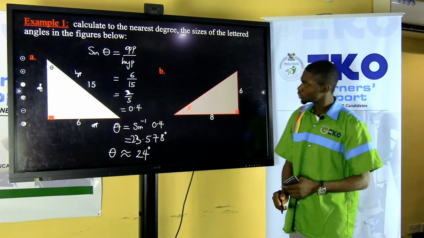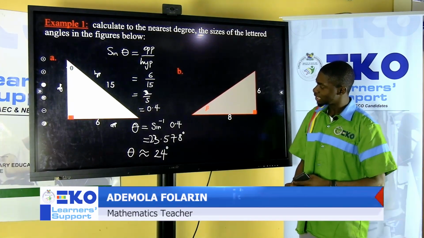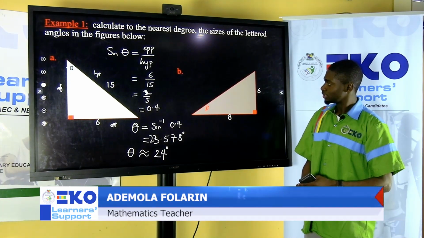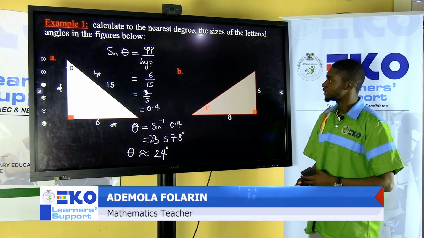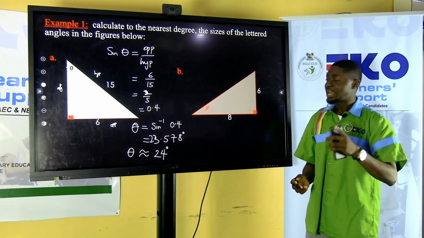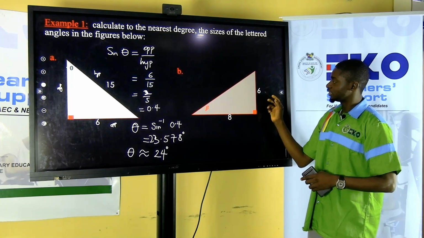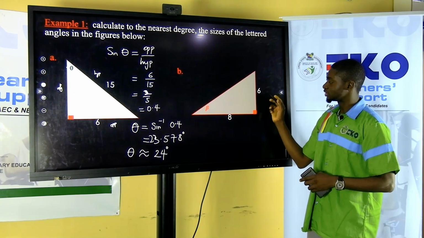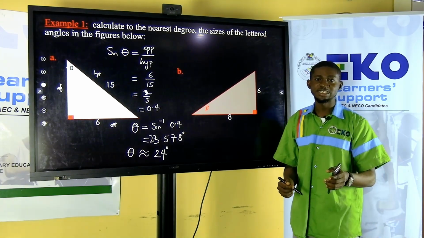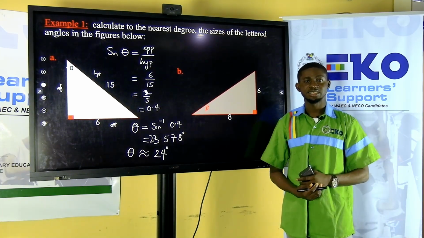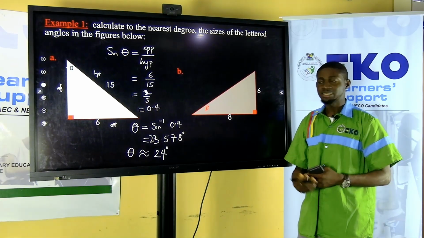For the second question, we are looking for the angle beta here. Remember, the longest side is the hypotenuse, which means it's not given to us. However, we are given the side facing the needed angle, which is the opposite, and the adjacent. So when you have the opposite side and the adjacent side, what do you do? Think about it.